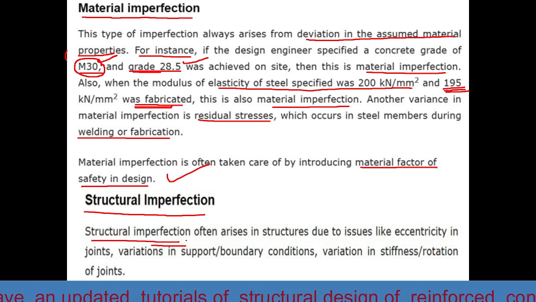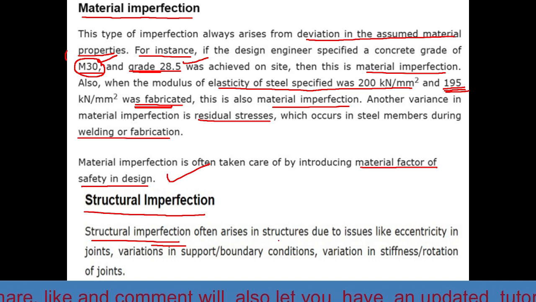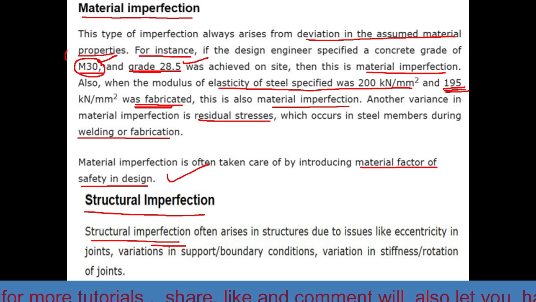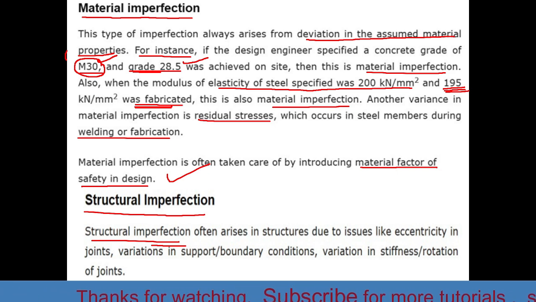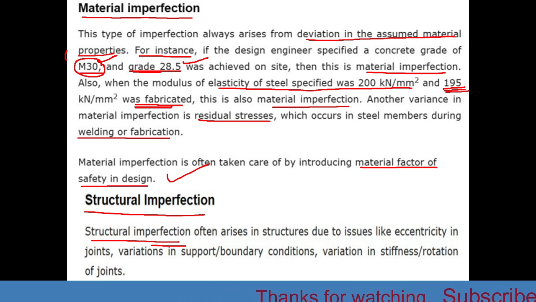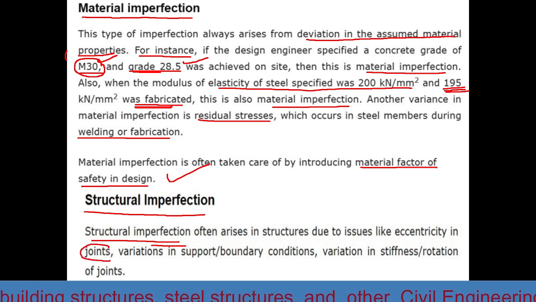So what does structural imperfection mean? It arises in structure due to issues like eccentricity in joints, variation in supports or boundary conditions, variation in stiffness or rotation of joints. So this is structural imperfection. So there may be some eccentricity of joints.